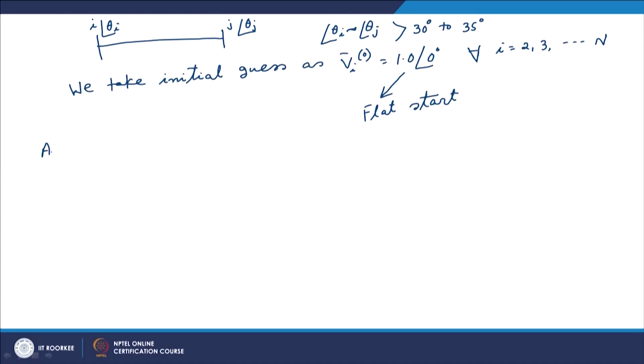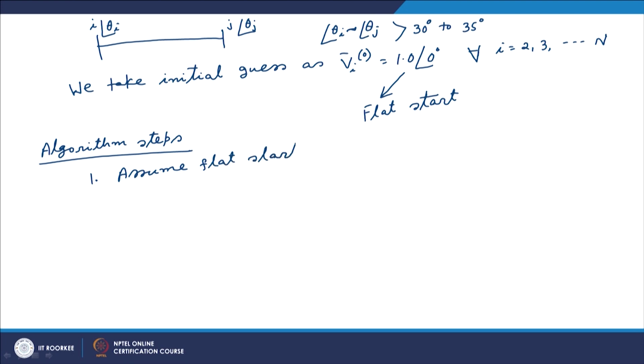So what do we want to do? The algorithm steps. The first algorithm step is to assume flat start as the initial guess.